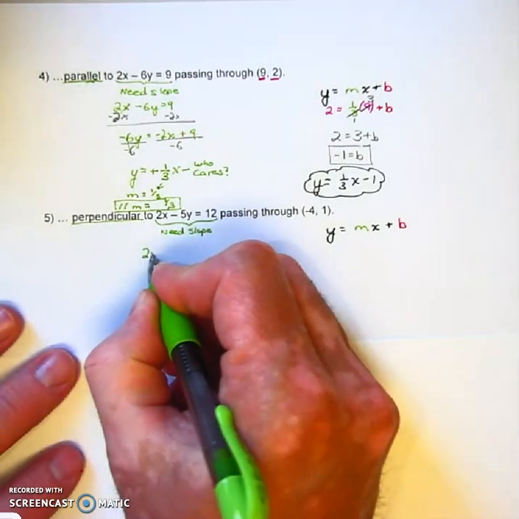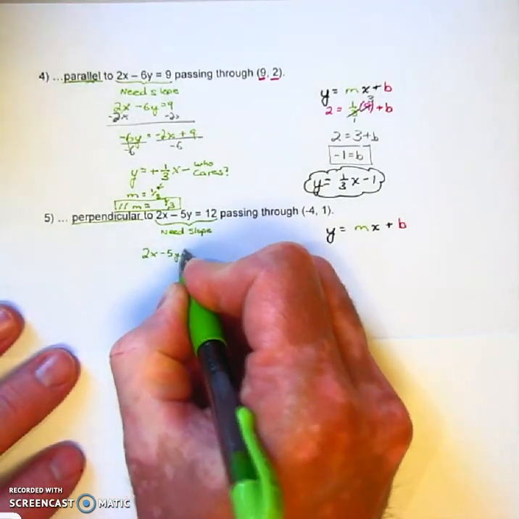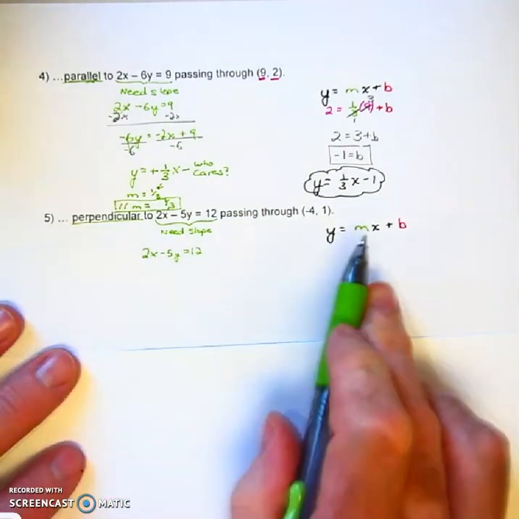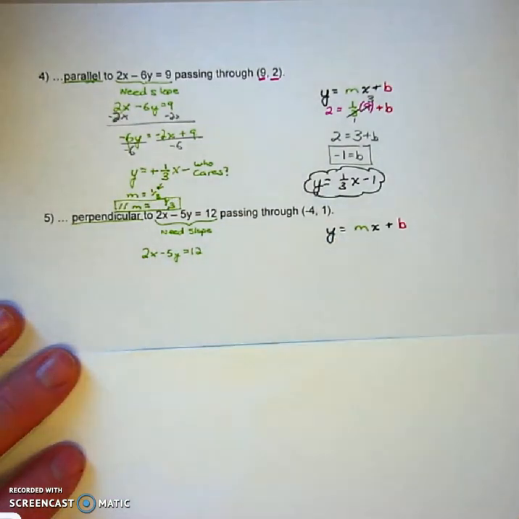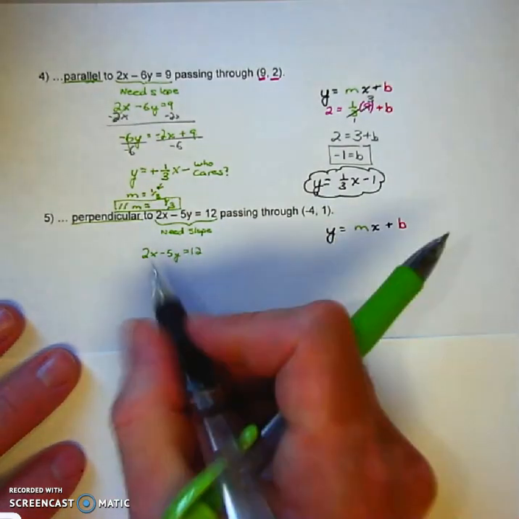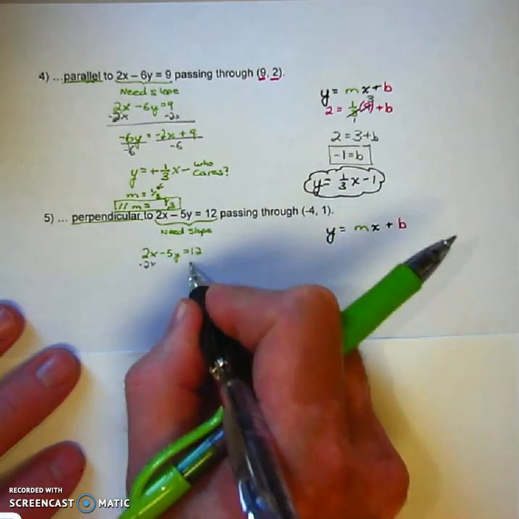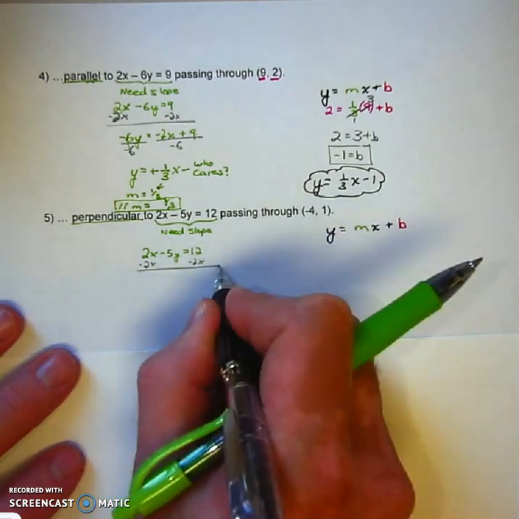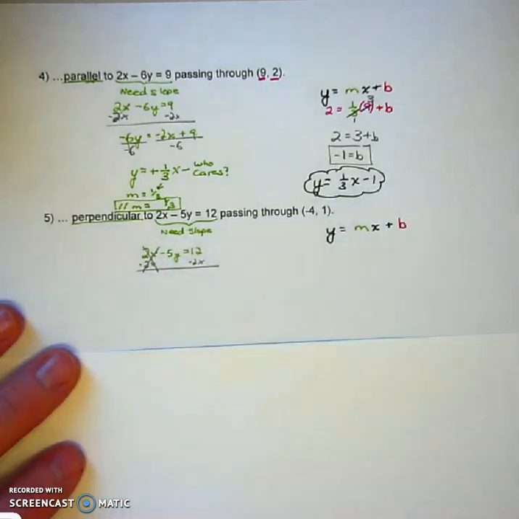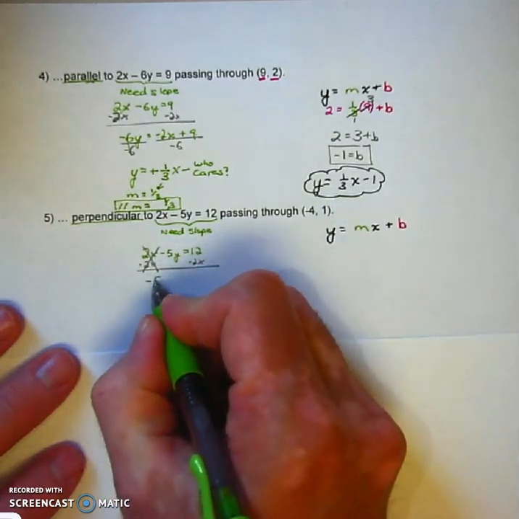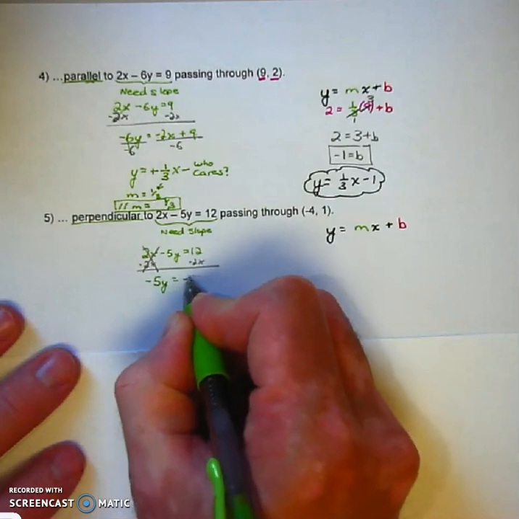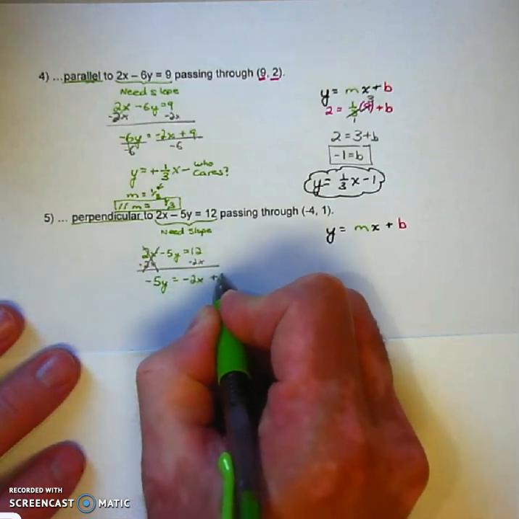So I need to take that 2x minus 5y equals 12, and I need to get the y all by itself. So I might start out by subtracting 2x from both sides. And that gets me -5y equals -2x plus 12.